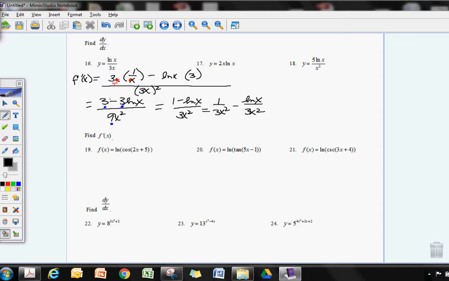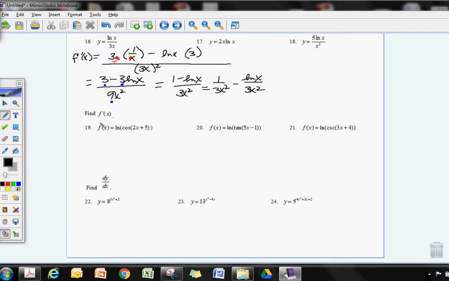Second problem, as it's a natural log, this is all of my u, and my u has a trig in it, so it's going to take a little time. I know that since it starts off with a natural log, my derivative is a fraction. And I know that the bottom is going to be cosine of 2x plus 5. So now it's just a matter of the top.